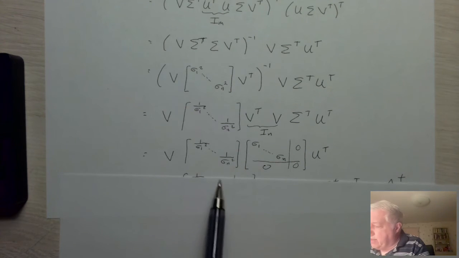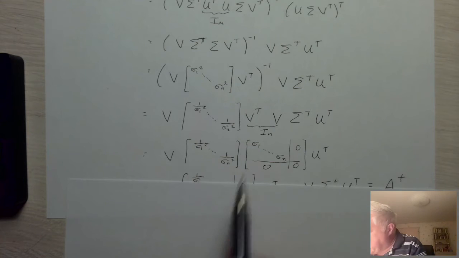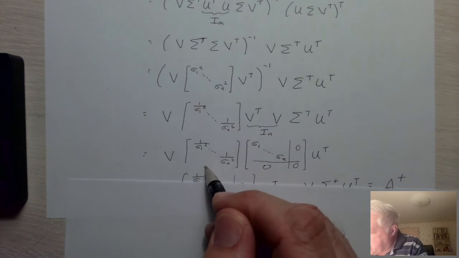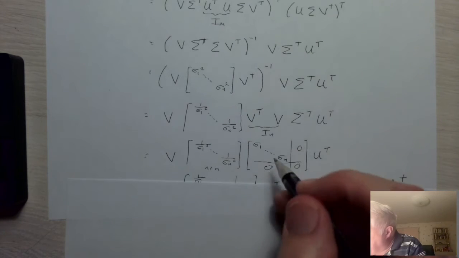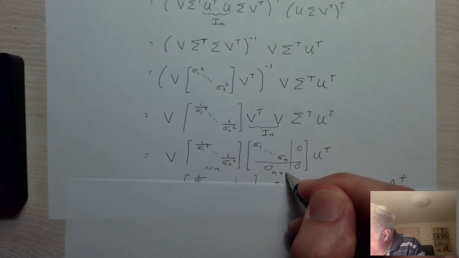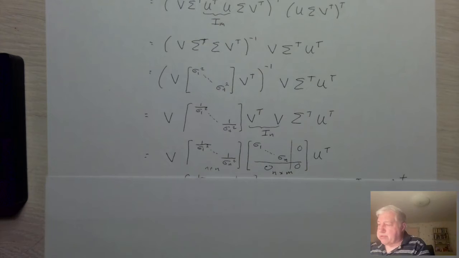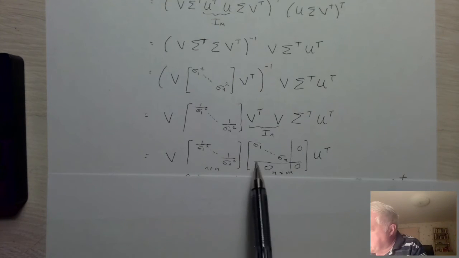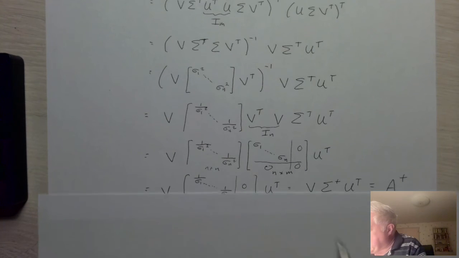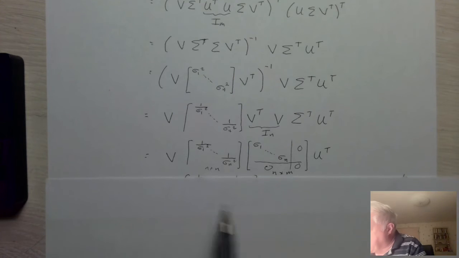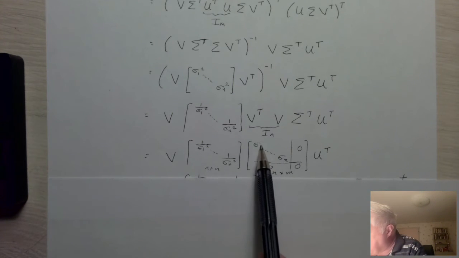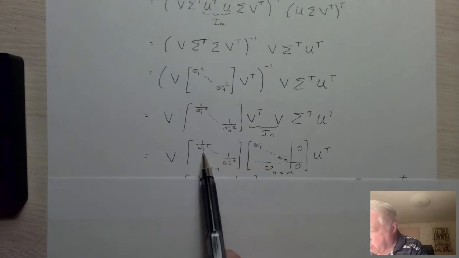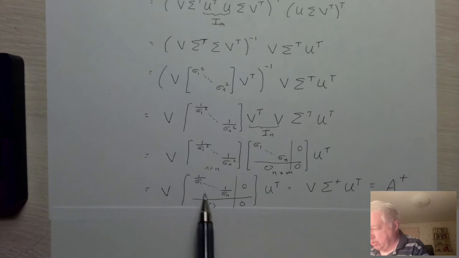Just to be a little careful, this is an n by n matrix, and this sigma transpose is an n by m matrix. So this does work out. We'll get some cancellation, but not complete cancellation. For example, sigma 1 times sigma 1 divided by sigma 1 squared is going to be 1 over sigma 1, and so on.